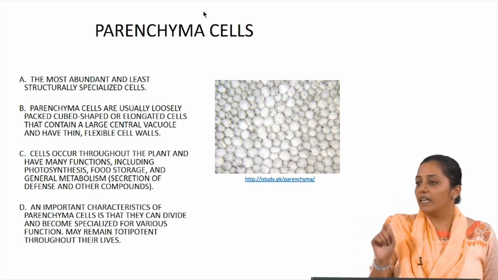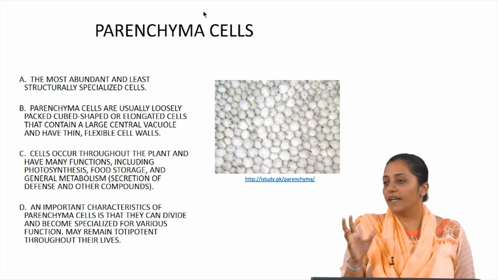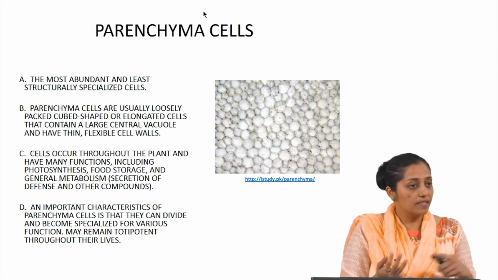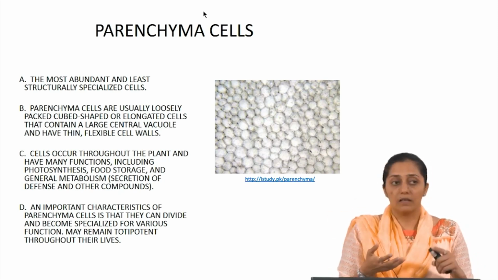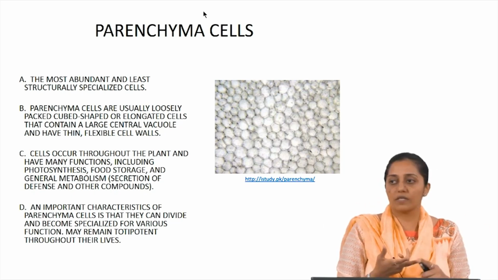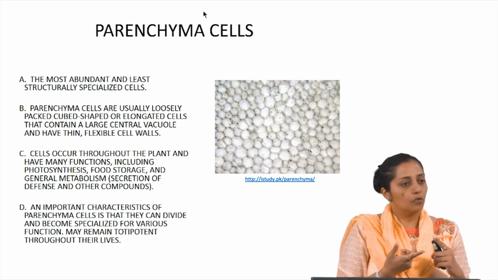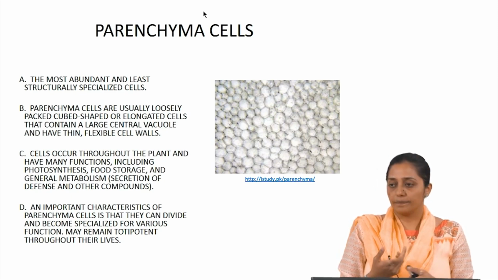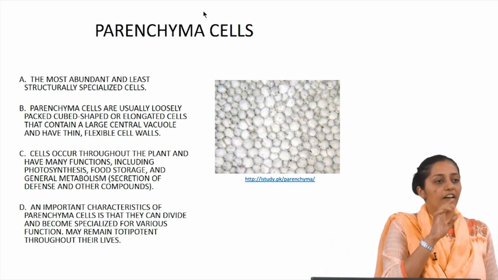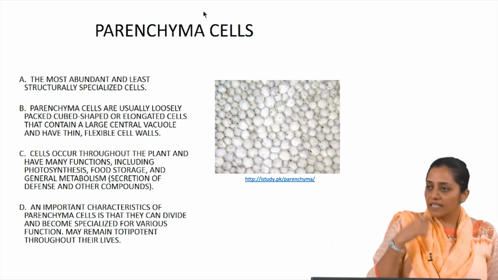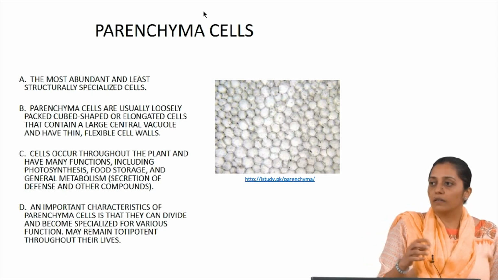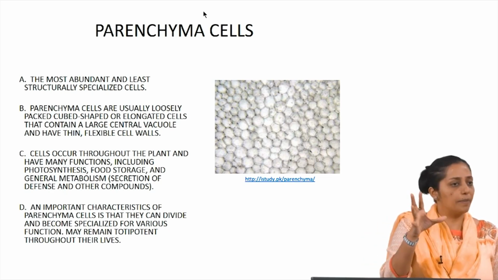So these are parenchyma cells. Generally, where will you find them? You will find them in all growing parts, in your photosynthetic cells, your spongy cells, then your mesophyll cells, which are there in the photosynthetic process in leaves. They only have a primary cell wall because they are present in young, growing cells, where the cell size will keep increasing.